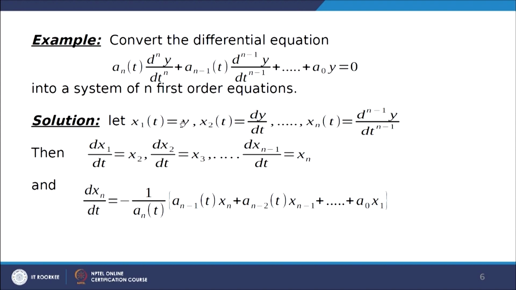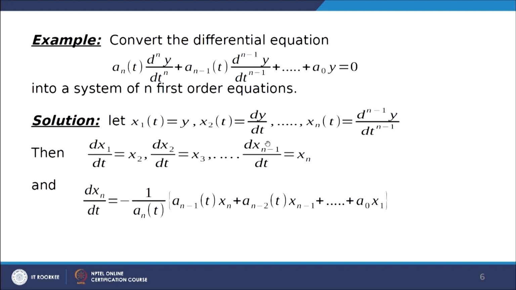Then dx1/dt is dy/dt, so dx1/dt is x2, dx2/dt is x3, and dx(n minus 1)/dt is equal to xn, because x(n minus 1) is the (n minus 2)th derivative of y with respect to t.